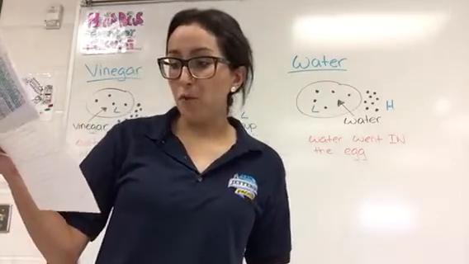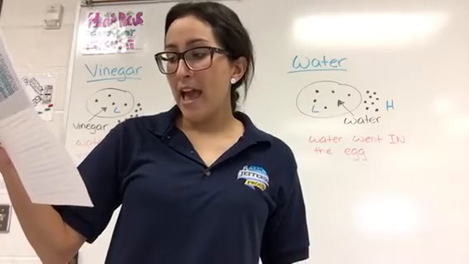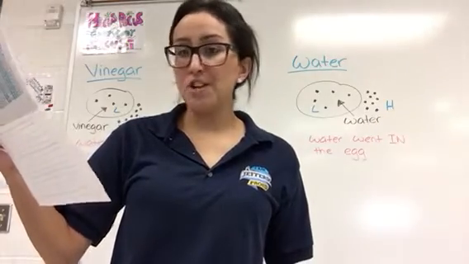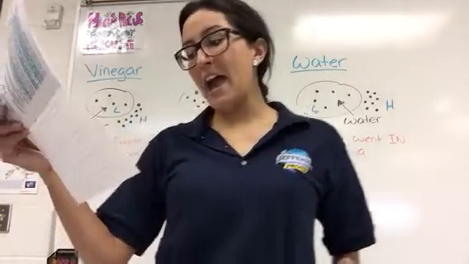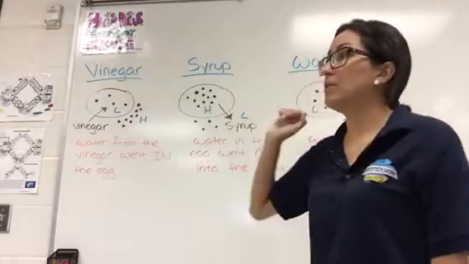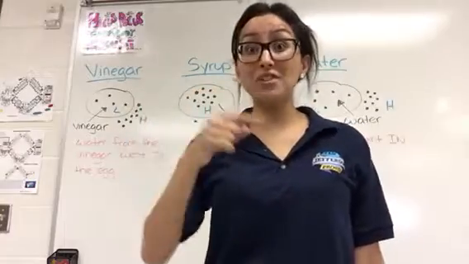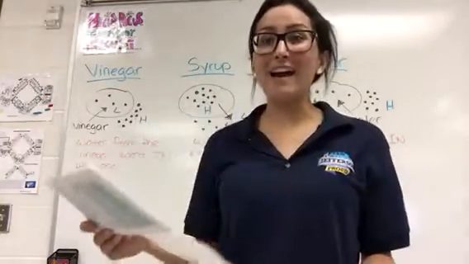Next, we have question 4. How could you explain the size of the egg after it was removed from the syrup? So after it was in the syrup, this was yesterday, think about how the egg was.